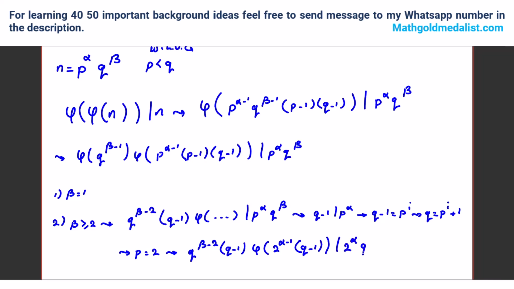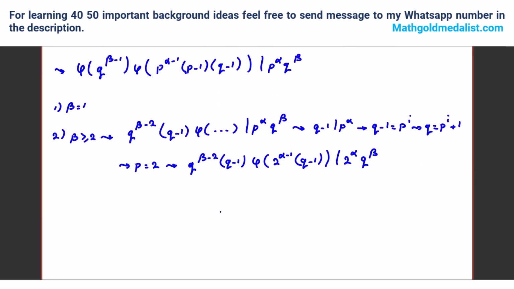Divides 2 to the alpha Q to the beta, right? Right. Okay. Now here, Q is P to the i plus 1, so Q is 2 to the i plus 1, right? I can conclude again another result if I replace. Want to try on your own or one thing? I'll try. Okay, sure.